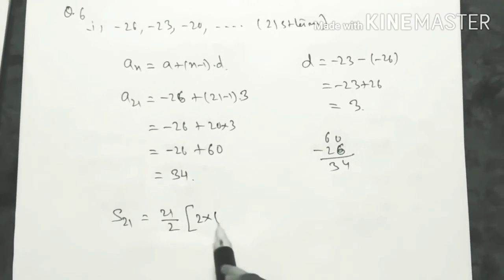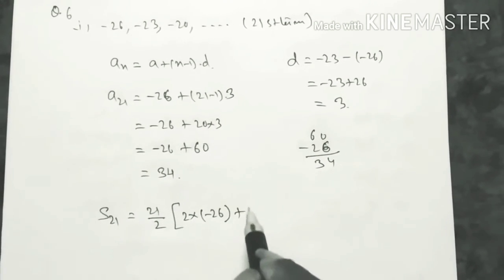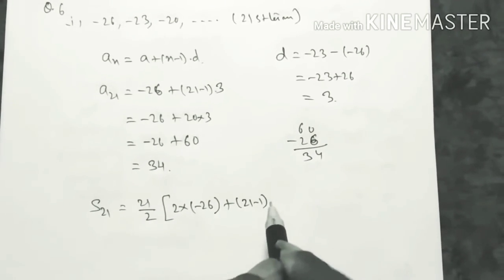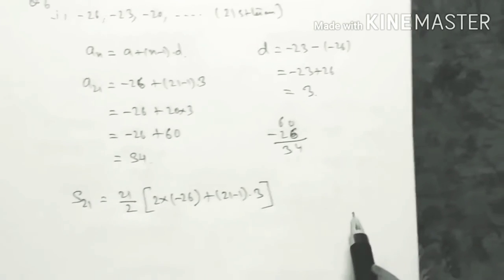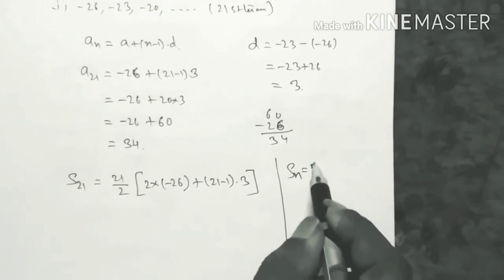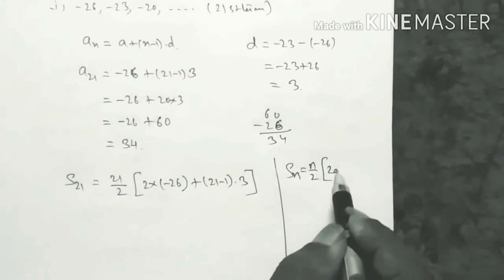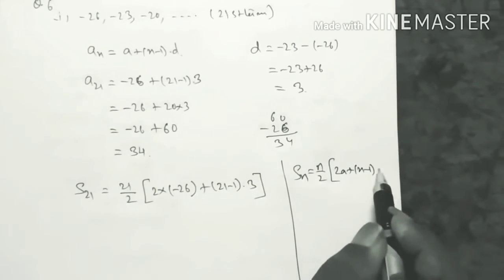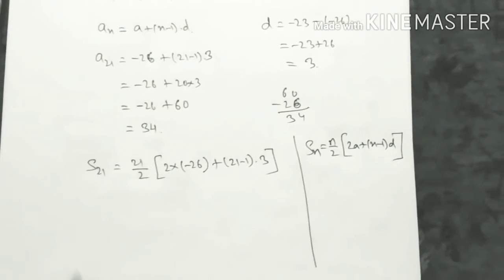21 by 2 into bracket 2 into minus 26 plus 21 minus 1 into d, which is 3. Let me write the Sn formula. Sn is equal to n by 2 bracket 2a plus n minus 1 into d.